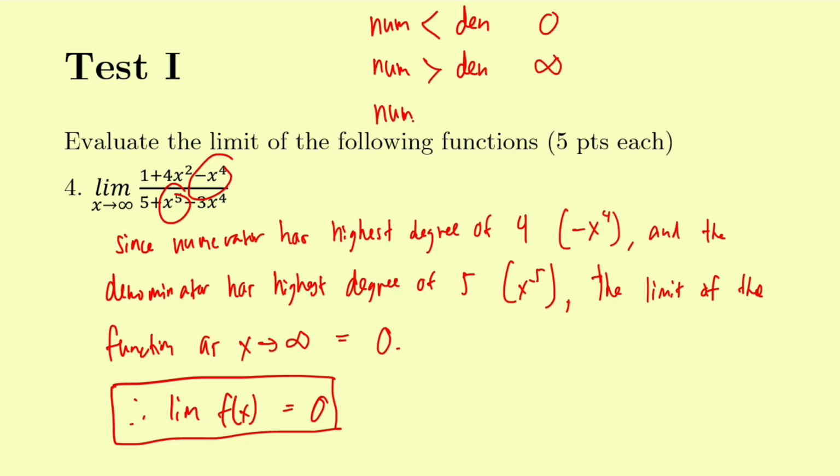And if the highest degree of the numerator is equal to the highest degree of the denominator, we have the ratio of the coefficients of the highest degree of each part of the fraction. Okay, so the answer here is 0.